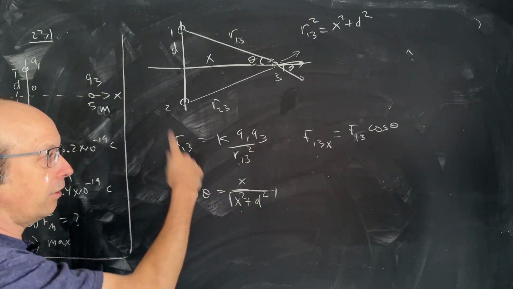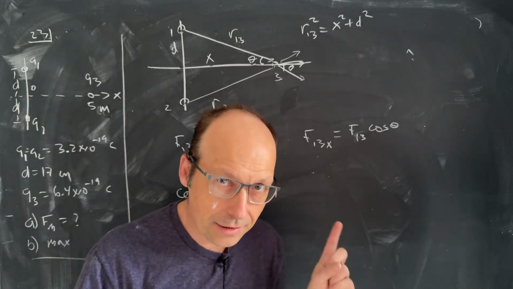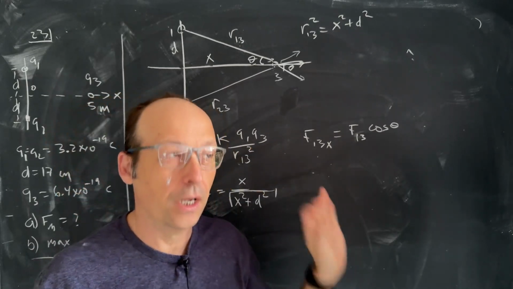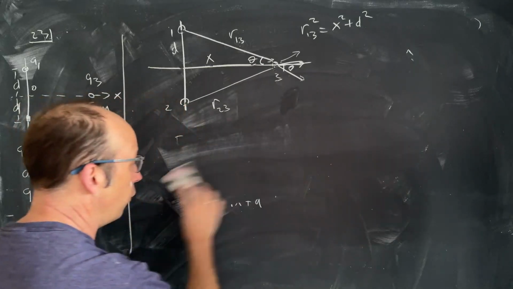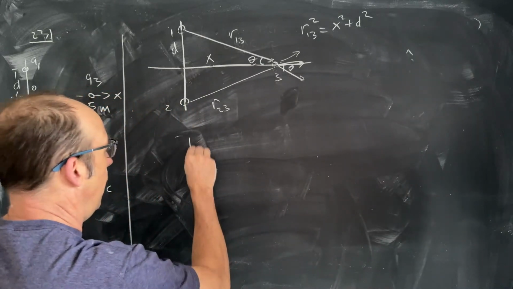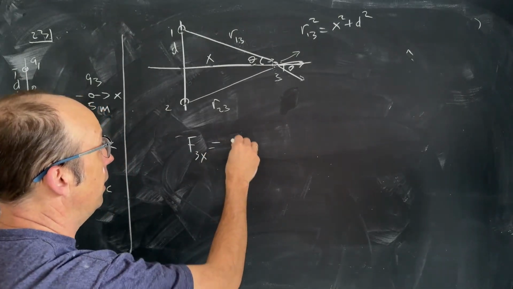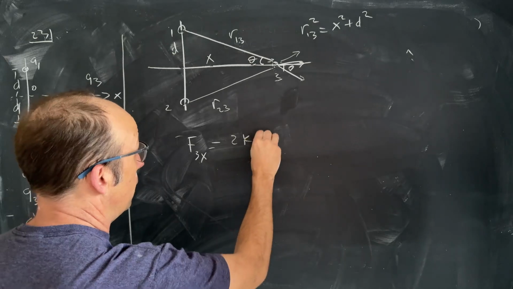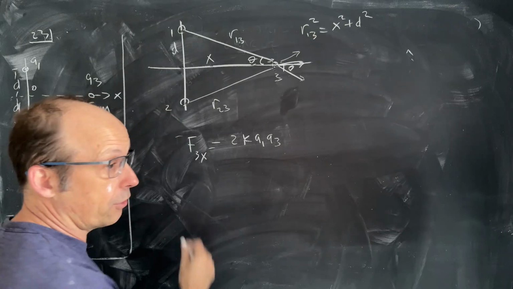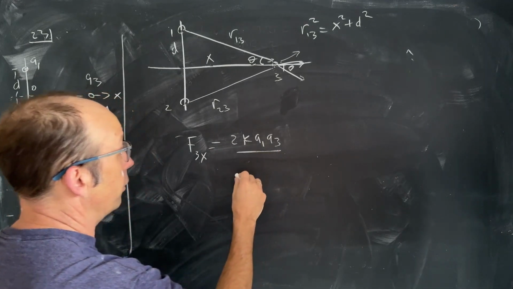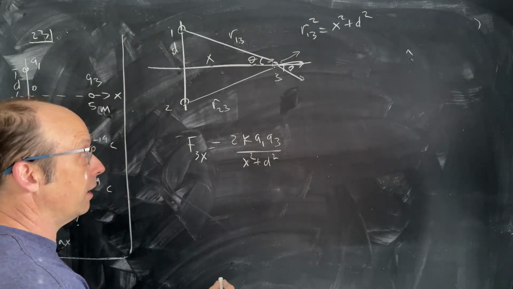So now I can put that in here, and I can put the whole thing together, and I get F13 in the x direction, which is the same as F12 in the x direction because they're identical. So I just get two of them. So here I get my total force, F3x, and there is no y component. It's going to be 2 times k times Q1 times Q3, Q1 and Q2 are the same, over R squared, which is x squared plus d squared, times cosine theta, which I erased.